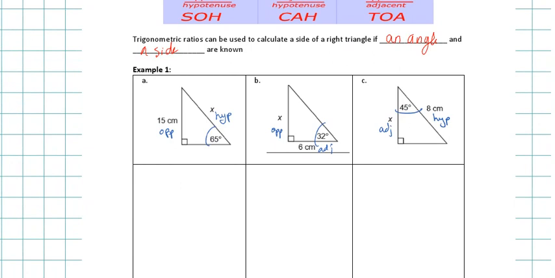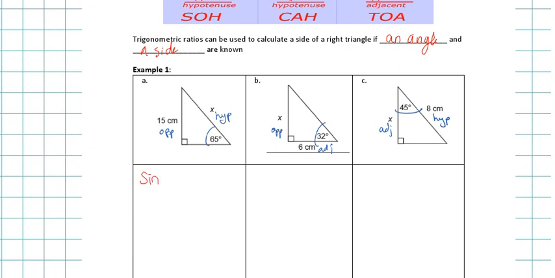What is 15 with respect to 65? Opposite, because it's the side across from it, right? So which ratio includes the opposite and the hypotenuse? Sine. So I can say that sine of the angle, which is 65.